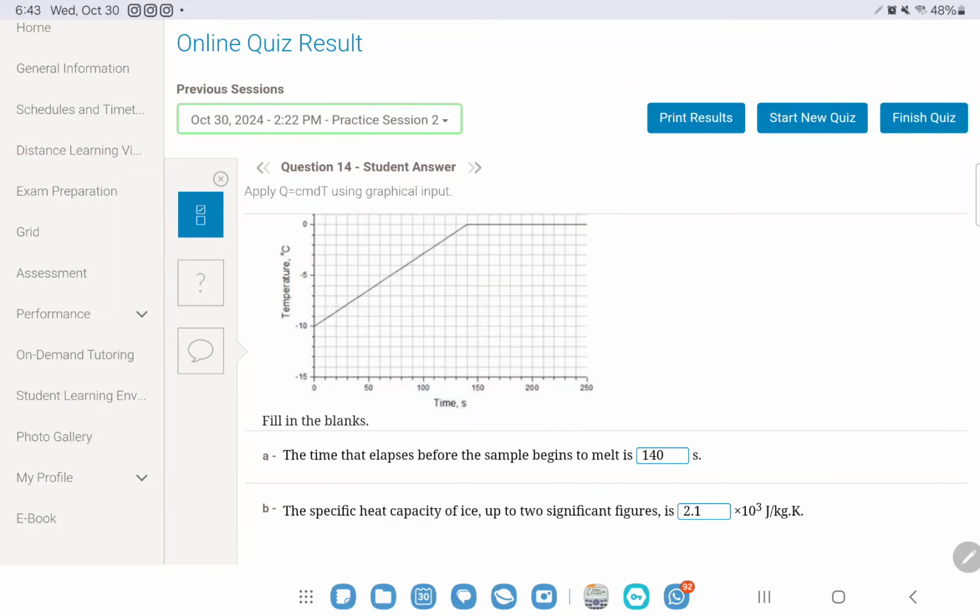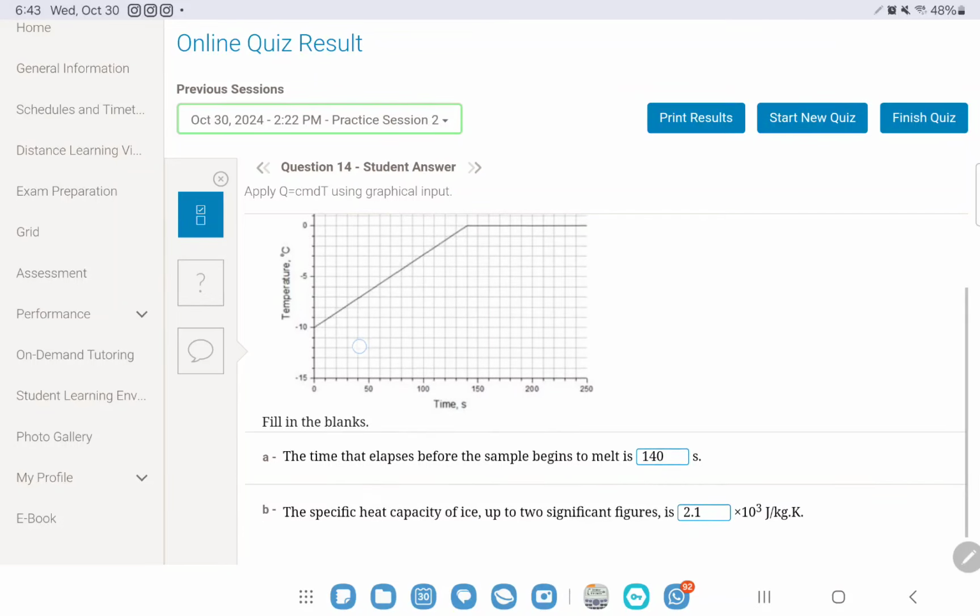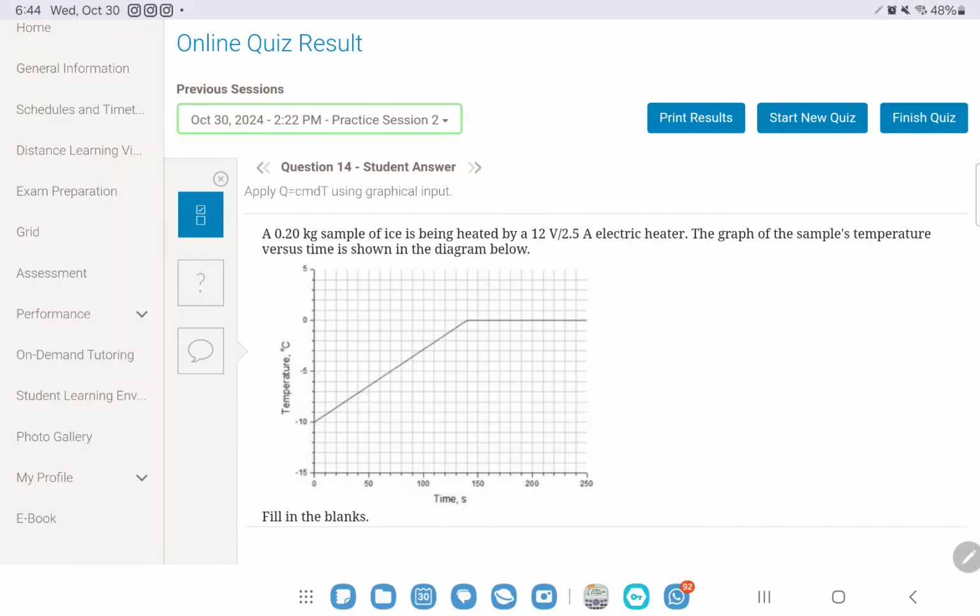Let's go down. It is specific heat capacity of ice. So they want us to use Q equals MC delta T. What's our mass? This is our mass.